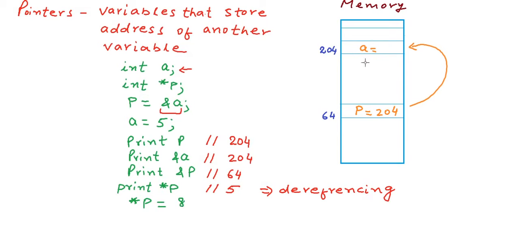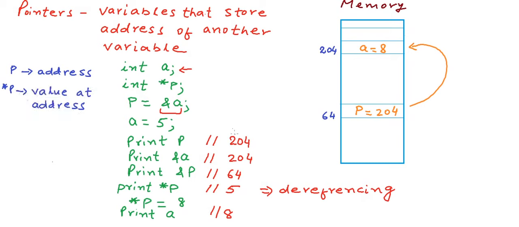Star p means value at p, and so the value at p is now modified to 8. So what will happen if you print star p or print a now? The output will be 8. By value of p, I mean value at address p. So p is the address and star p is the value at address that is stored in p.